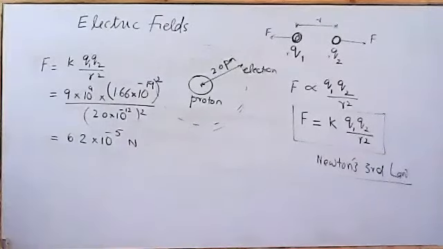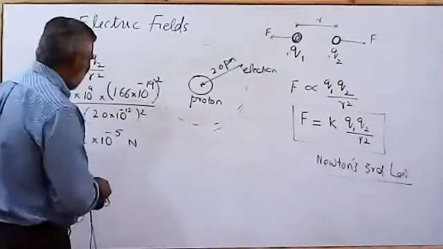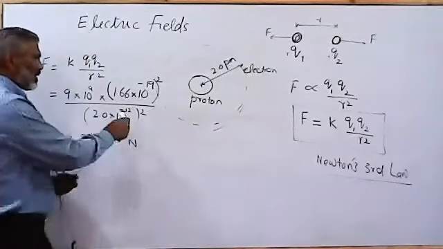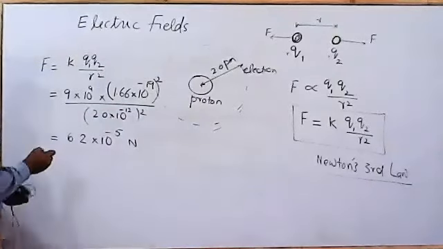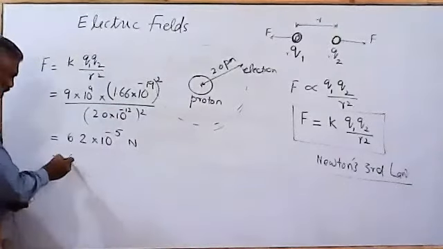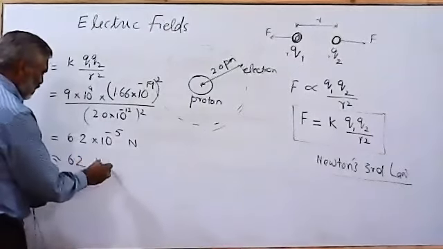This is the kind of force that we have between a proton and an electron when they are at this distance from each other, which is 62 micronewton.